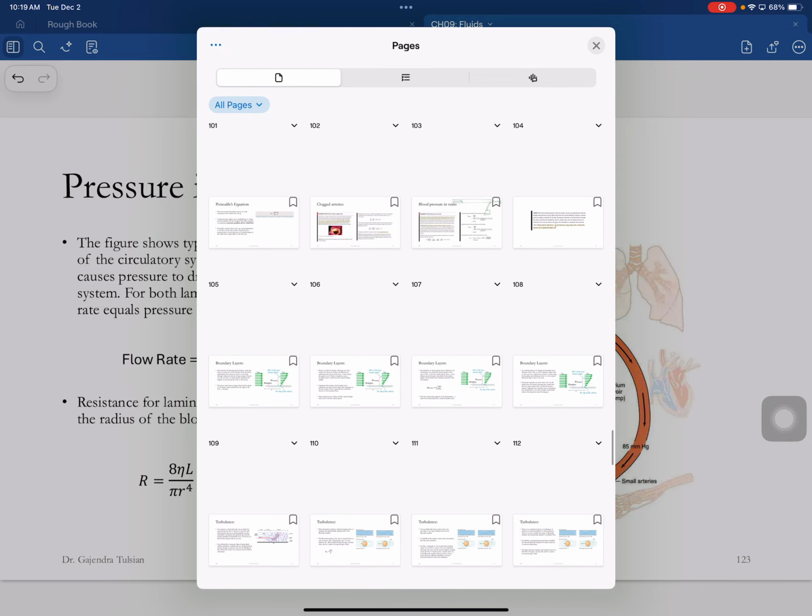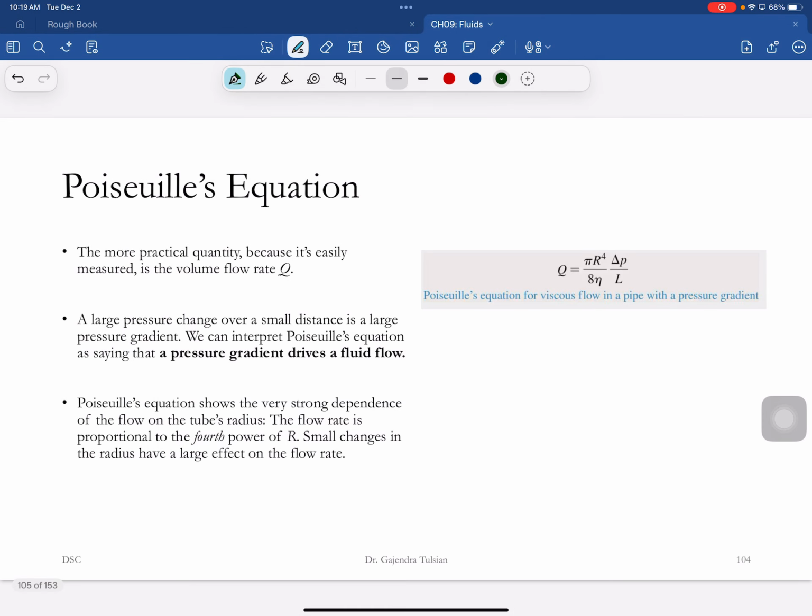Where's my Poiseuille's equation? Oh, there it is. Pi r to the power 4 over 8 eta. Okay.